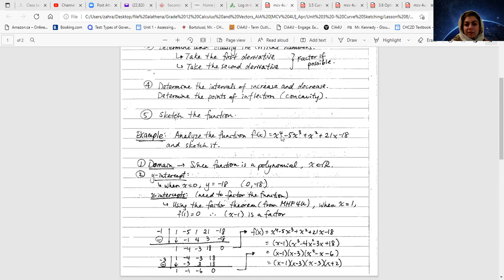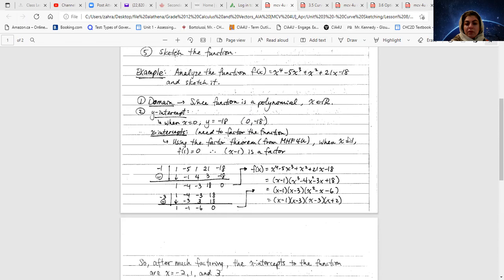f of x is given as x to the power 4 minus 5x cubed plus x squared plus 21x minus 18. We use our knowledge of factors to find a possible factor. A possible factor is any number that is a factor of 18.